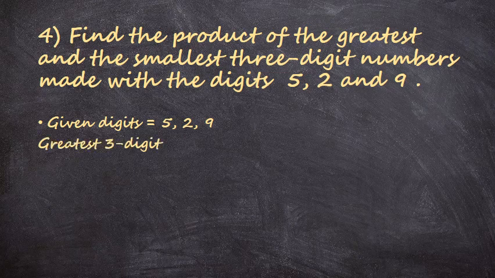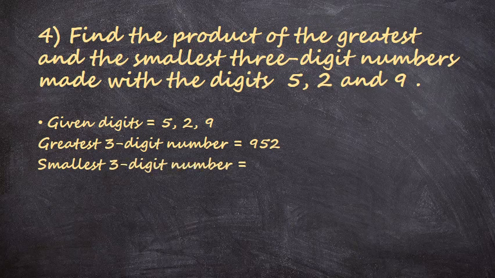Greatest 3-digit number made with the digits 5, 2 and 9 is equal to 952. Similarly, the smallest 3-digit number made with the digits 5, 2 and 9 is equal to 259.